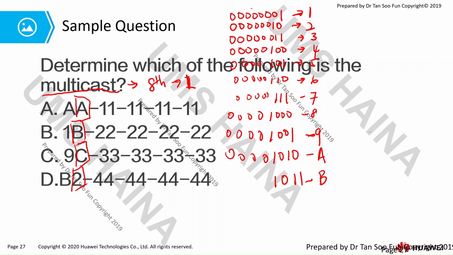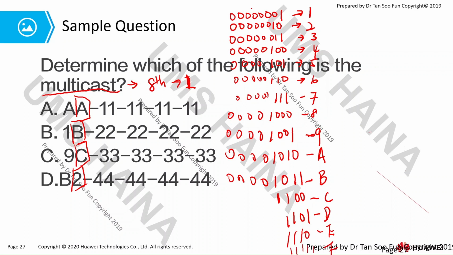Then you have C, which is 1, 1, 0, 0. Then you have D, 1, 1, 0, 1. Then you have E, 1, 1, 1, 0. And you have F, which is 1, 1, 1, 1.